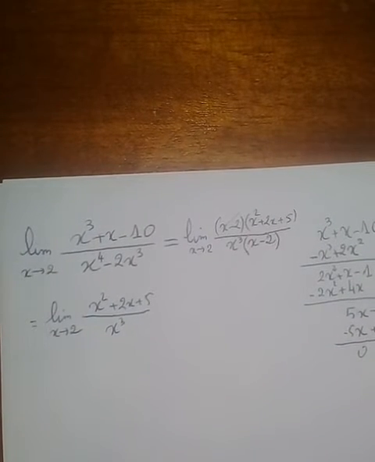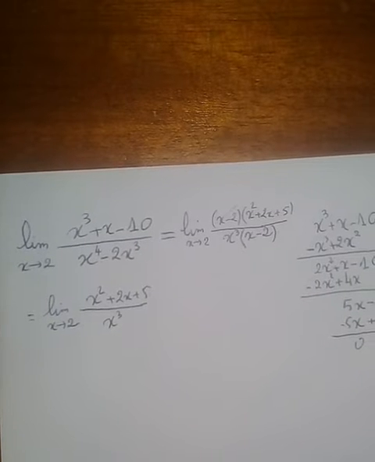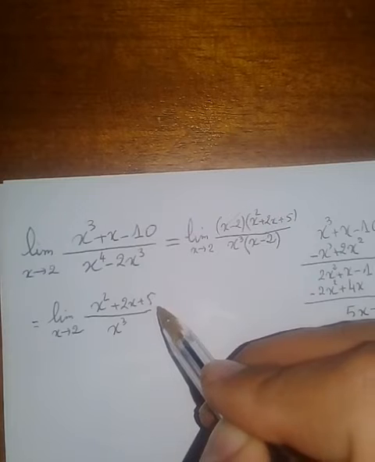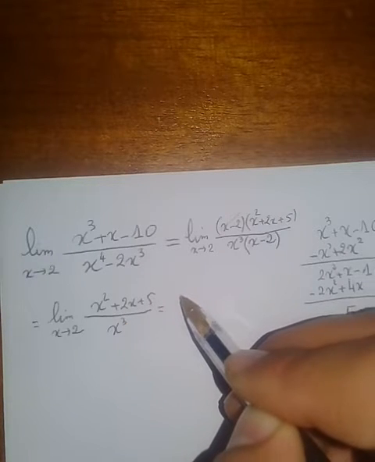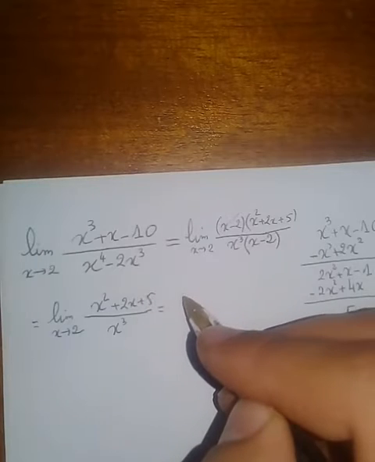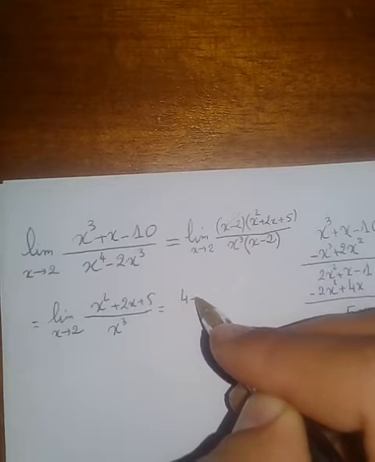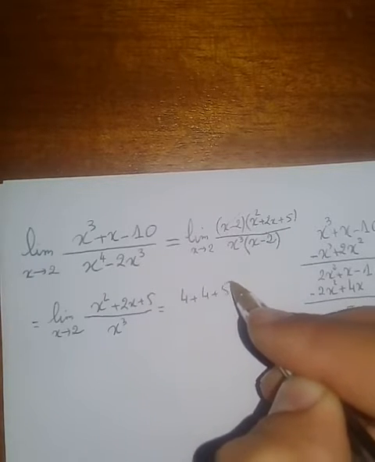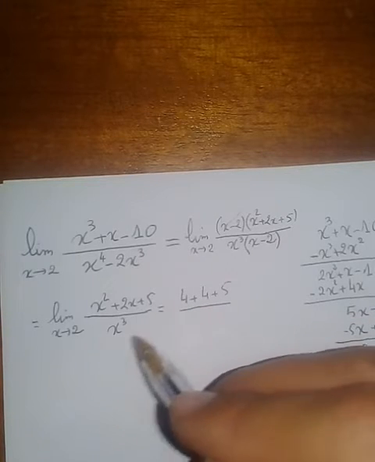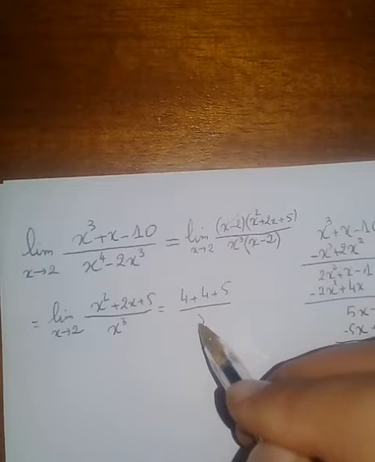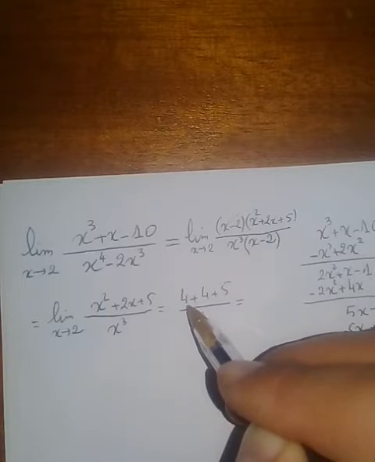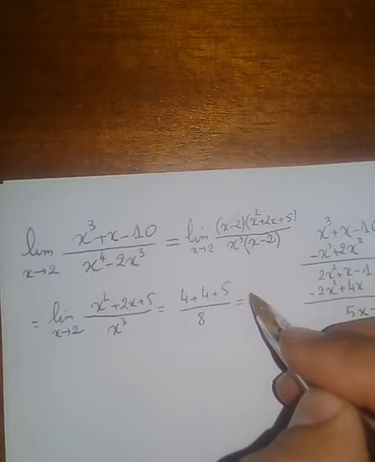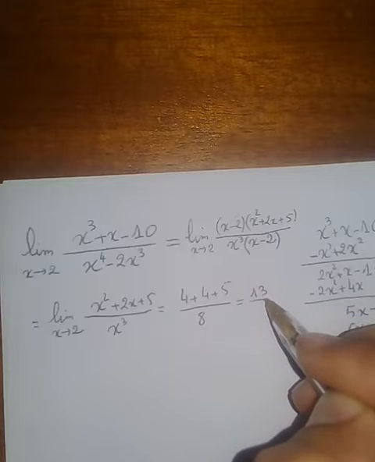And now we've got no problem plugging in 2. It's 2 squared, which is 4, plus 5, over 2 to the third, which is 8. And it's 8 plus 5, which is 13 over 8.